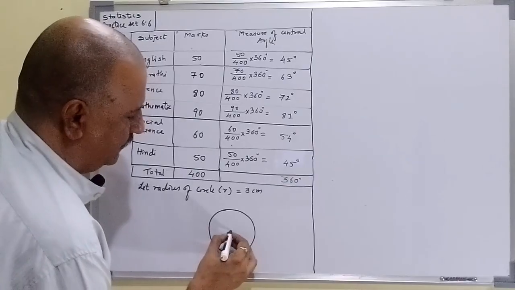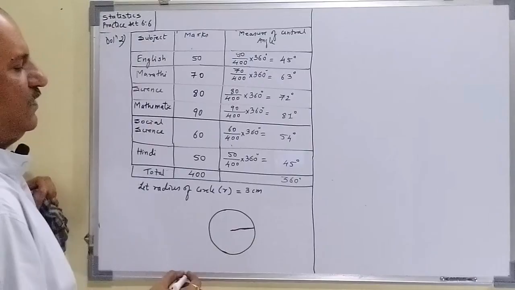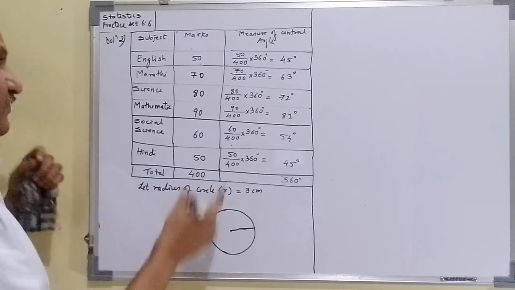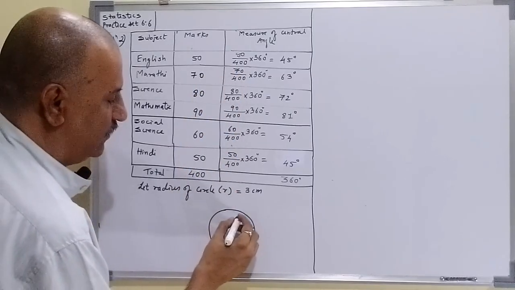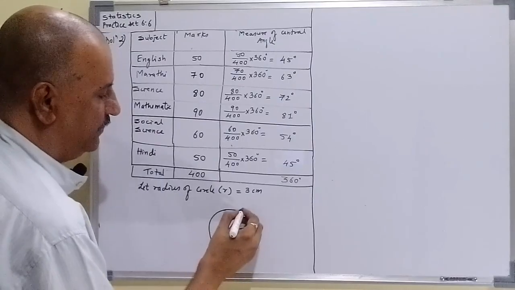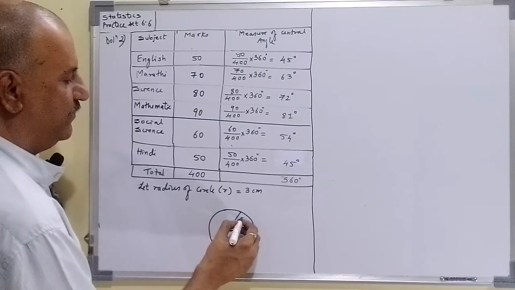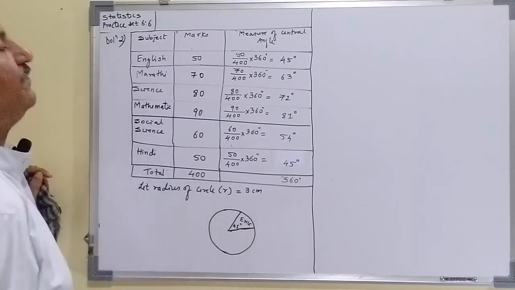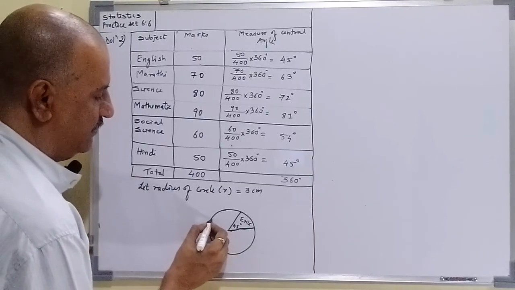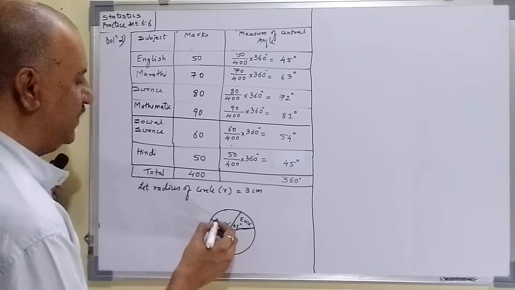Mark the radius and center. First is 45 degrees, so something here. This is English. Then 63 degrees, something like this will come. This is Marathi.